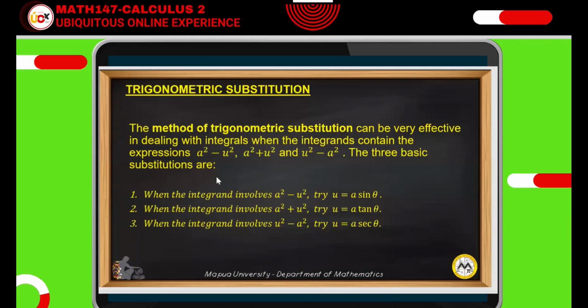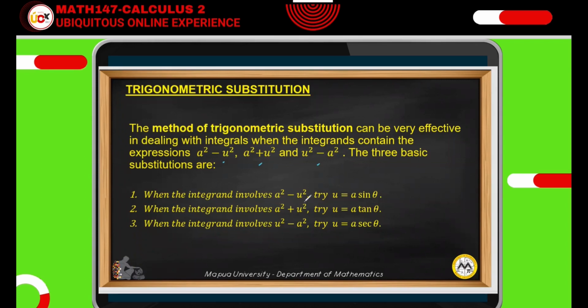As mentioned earlier, the method of trigonometric substitution can be very effective in dealing with integrals when the integrand contains the expressions a squared minus u squared, a squared plus u squared, and u squared minus a squared. The three basic substitutions are the following.